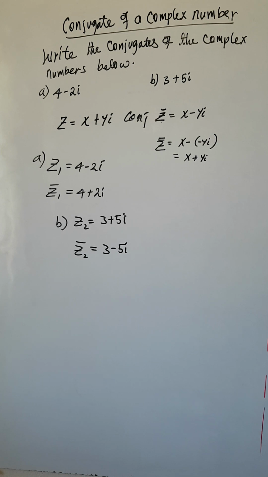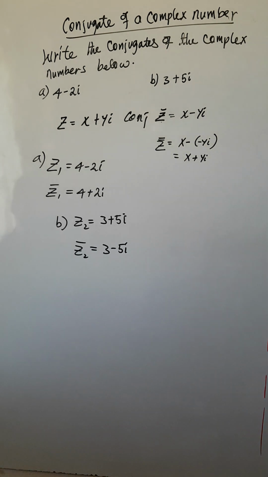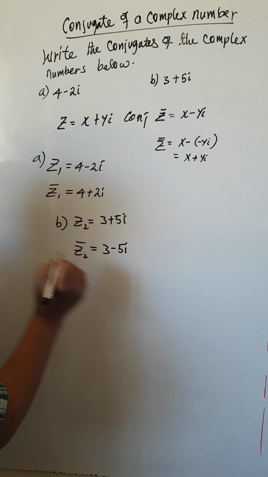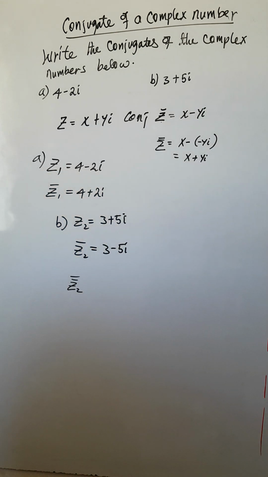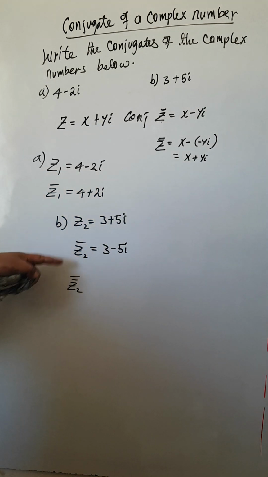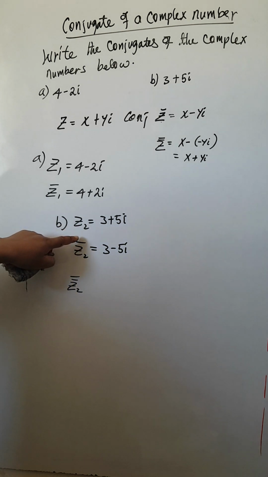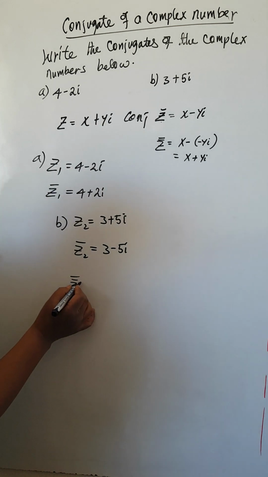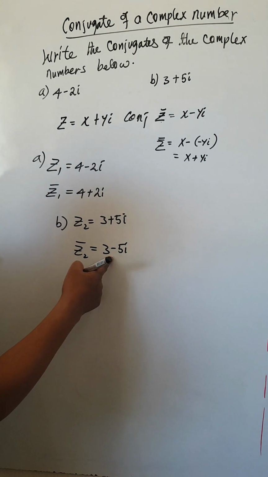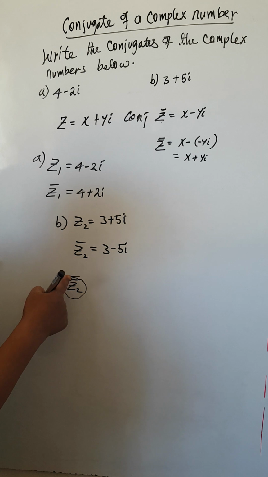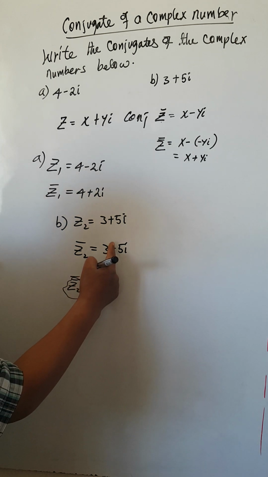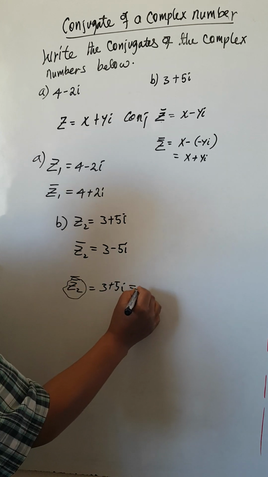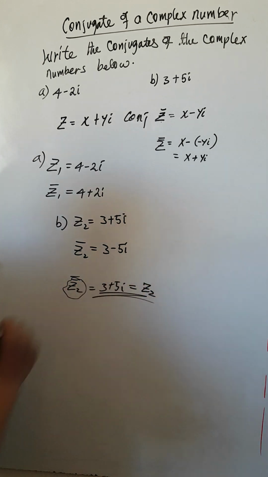But just to make sure, what is the conjugate of z bar, the conjugate of the conjugate of z? Here we have the first conjugate, which is 3 minus 5i. The second conjugate makes this 3 plus 5i, which is equivalent to the complex number itself.